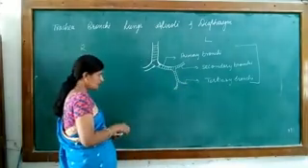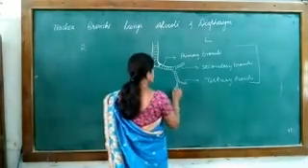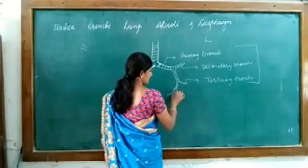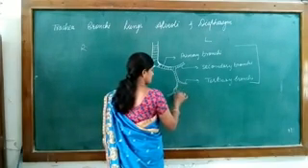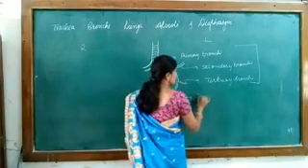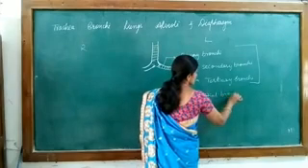Then these tertiary bronchi will be divided into the bronchioles. Those are divided into smaller branches, called the initial bronchioles.